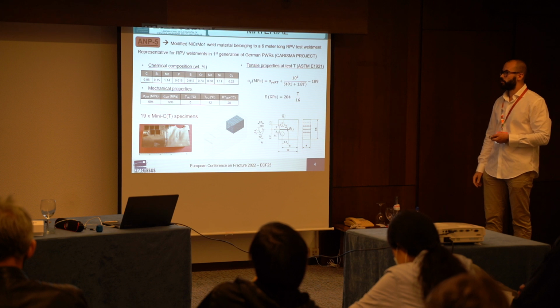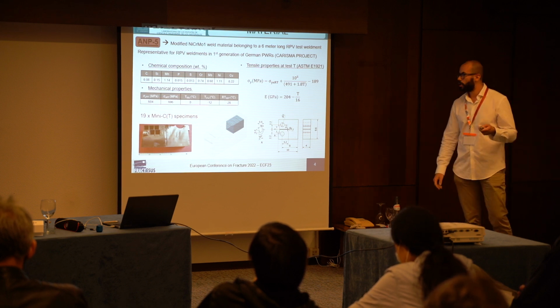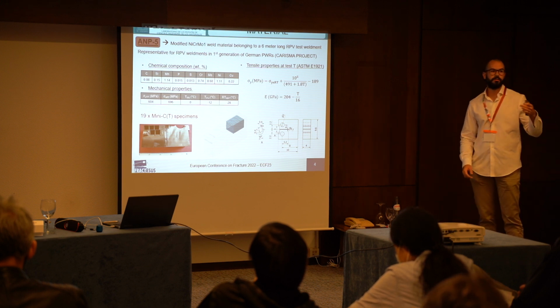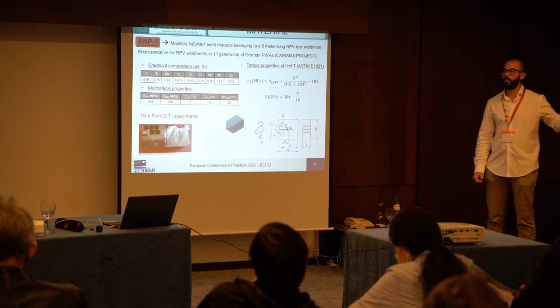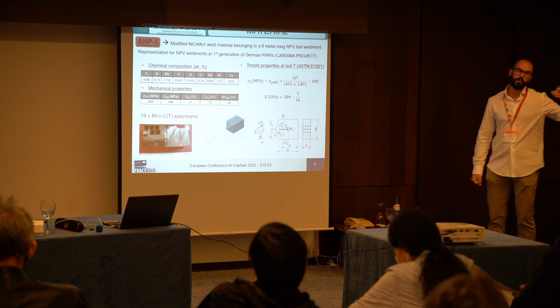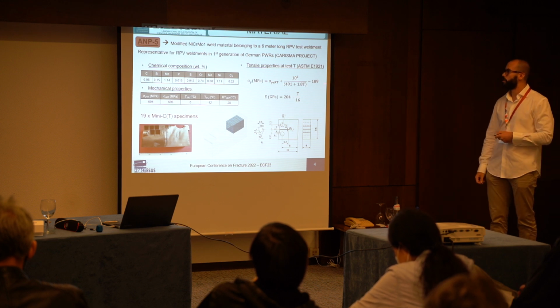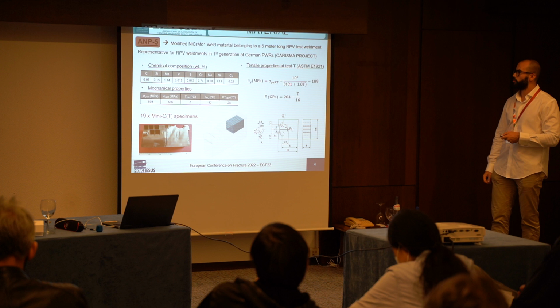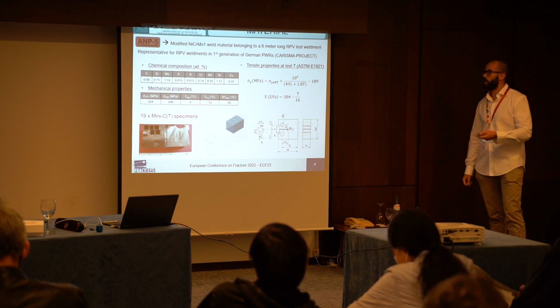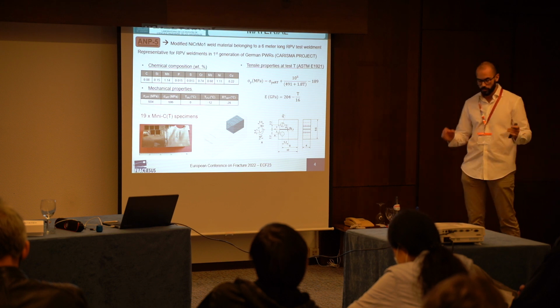Here I have just put the tensile properties at room temperature. To obtain the tensile properties for any other temperature, we have followed ASTM 1921, that proposed these two equations to calculate the yield stress and the Young modulus.